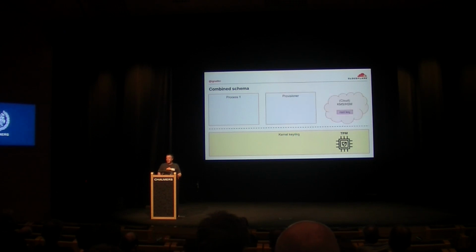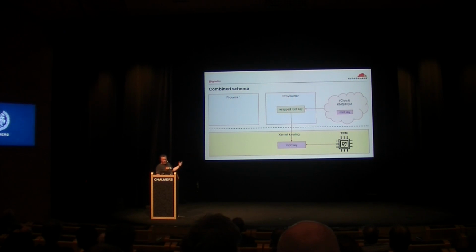You have some kind of provisioning process. You have your cloud HSM or KMS system. You have some kind of root key for a server, and you wrap it to a particular machine, to its TPM. You have a wrapped root key. You send it to the provisioner. The provisioner will insert it in the kernel, and the kernel will unwrap it with the TPM, but you do it only once, like per boot.